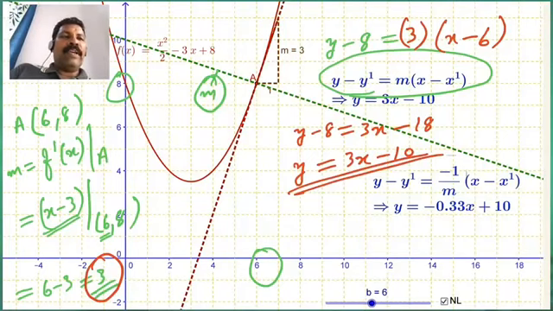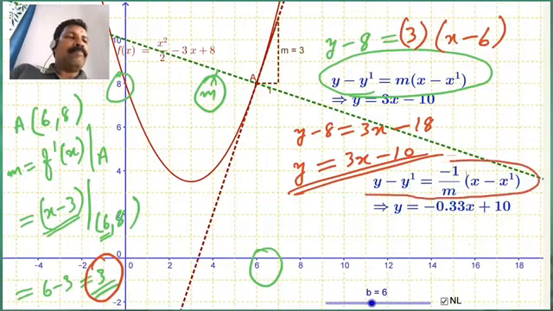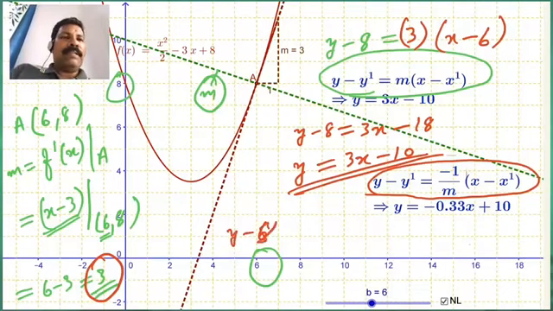Then how to get the equation of the normal at A? We can utilize this equation for that. That is y minus y1. So y minus y1 means, you know, that is 8. y minus 8. Then slope.